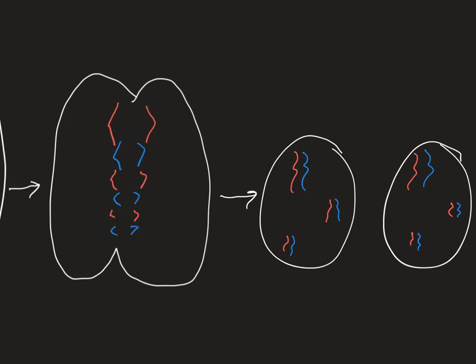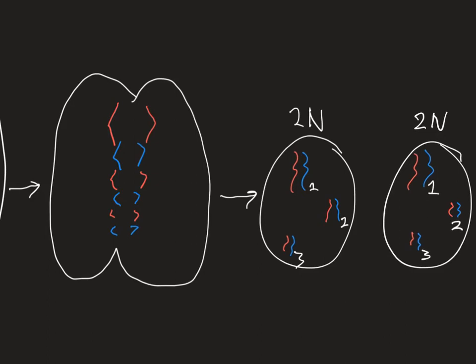And so that's what you see here at the end. These are still 2N cells. Both of them are 2N cells because they have 2 versions of each chromosome type for all 3 of the chromosome types that are present in this imaginary organism.